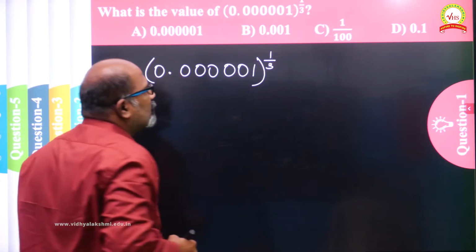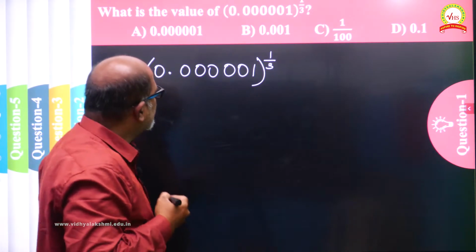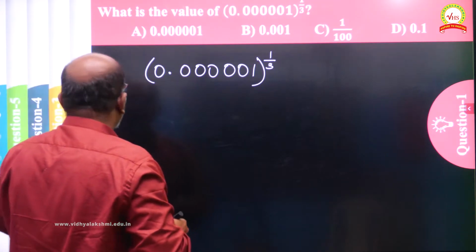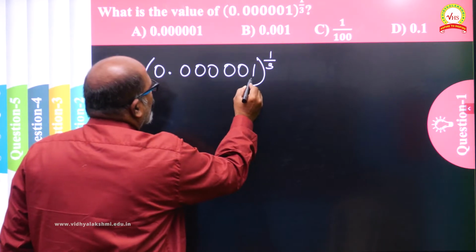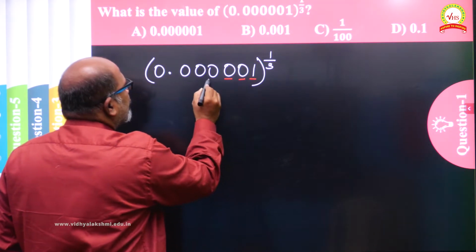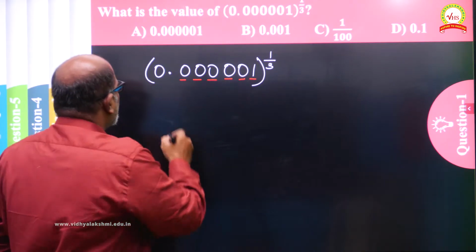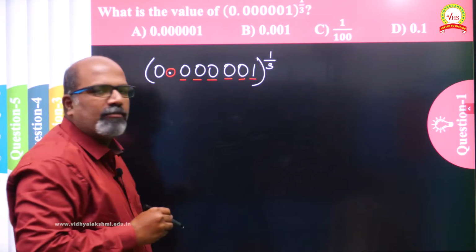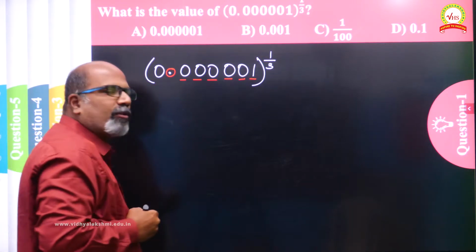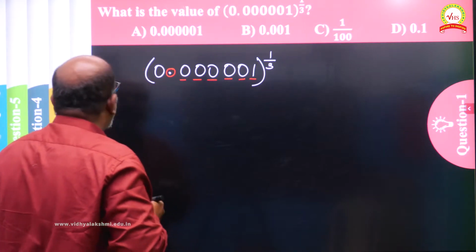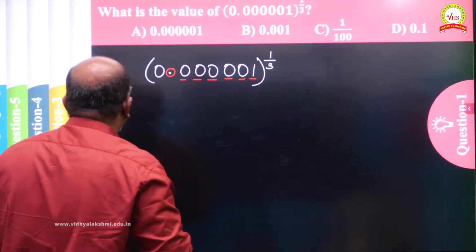Now, I notice here that the decimal point is before 6 digits: 1, 2, 3, 4, 5, 6.